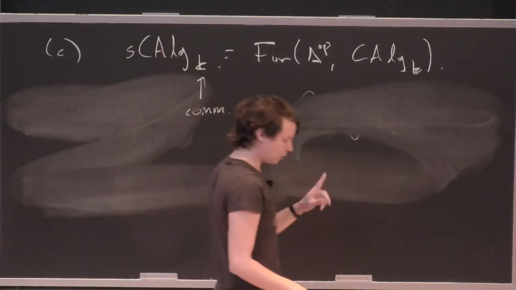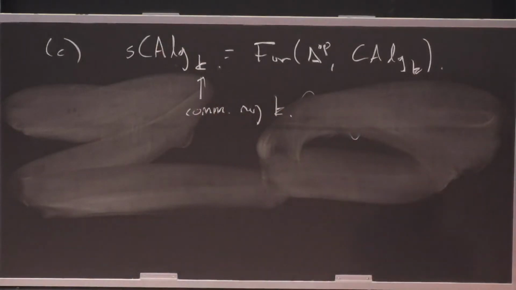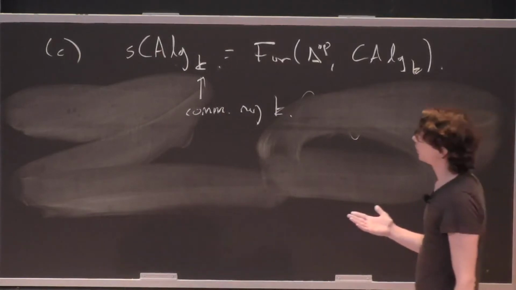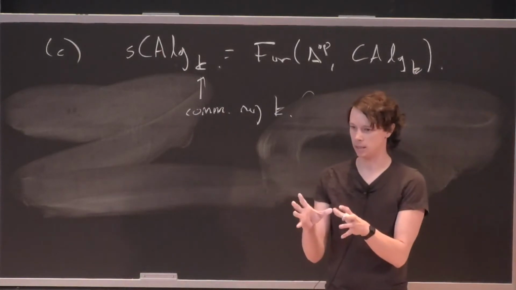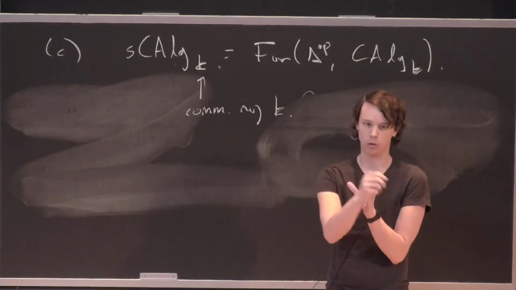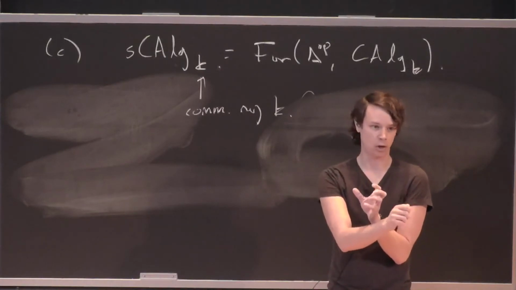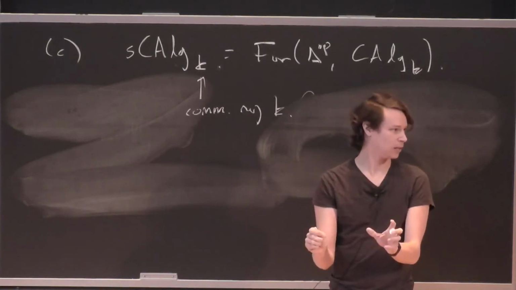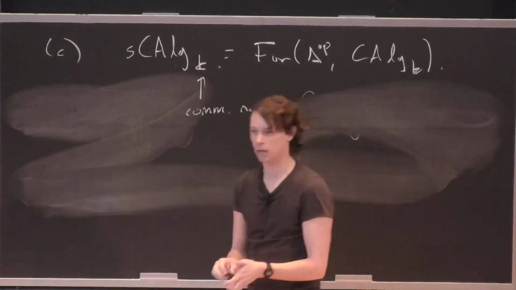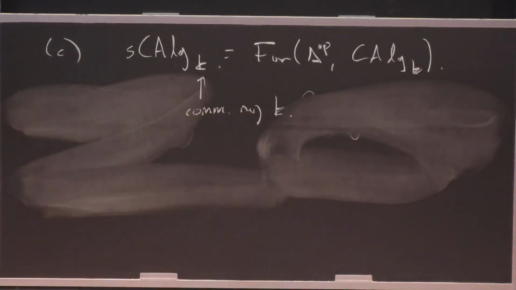Okay, but there's a little bit more than that. There's this model category structure, which I don't have time to get into, but what that means is that the model category structure gives you a notion of weak equivalence and also a right way of doing things. This is just like in the derived category of a ring. There's a right way of making computations, and that right way is to take resolutions everywhere.